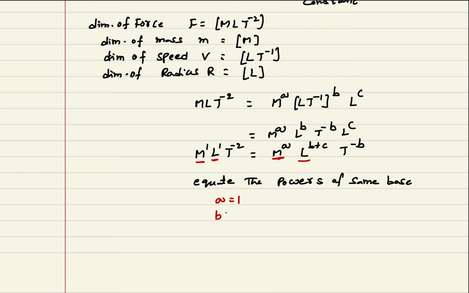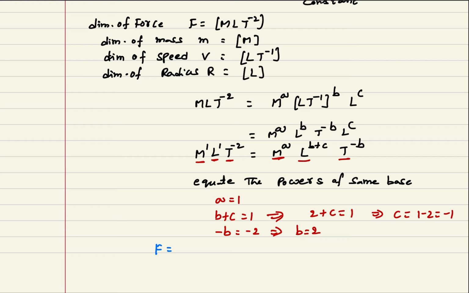Similarly, L power 1 is there and L power b plus c is there, so b plus c is equal to 1. Last one, T power minus 2 is equal to T power minus b, so minus b is equal to minus 2. You will get b is equal to 2. If you substitute in b plus c is equal to 1, from there 2 plus c is equal to 1, so c is equal to 1 minus 2, which is minus 1.